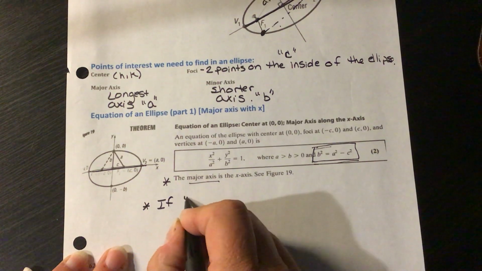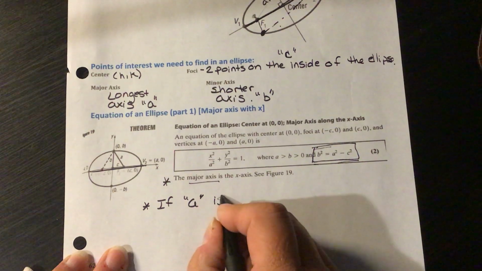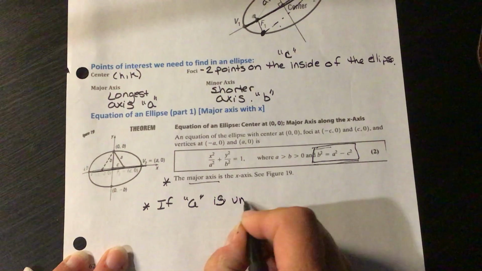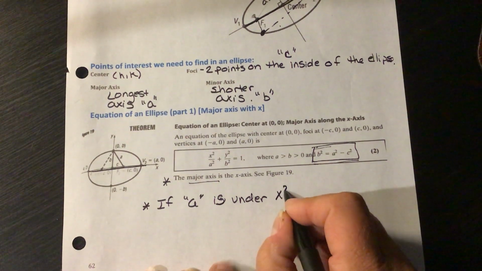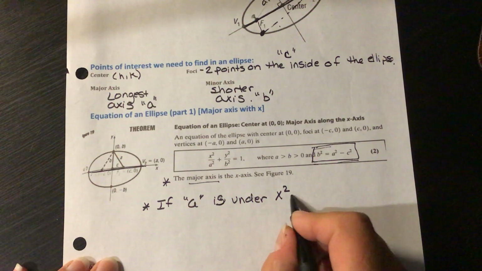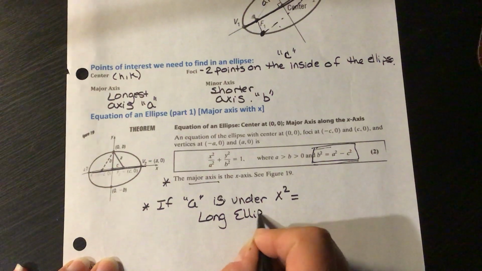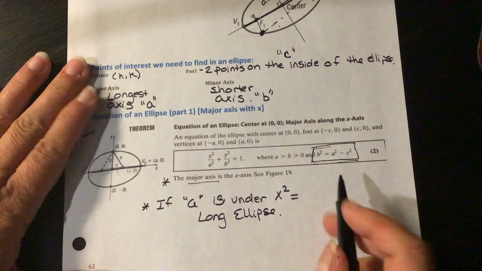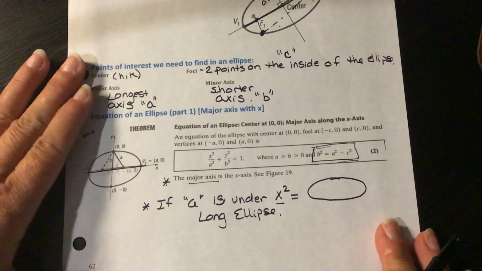If a is under the x squared, then we have a long ellipse, so it's going to be longer along the x-axis.